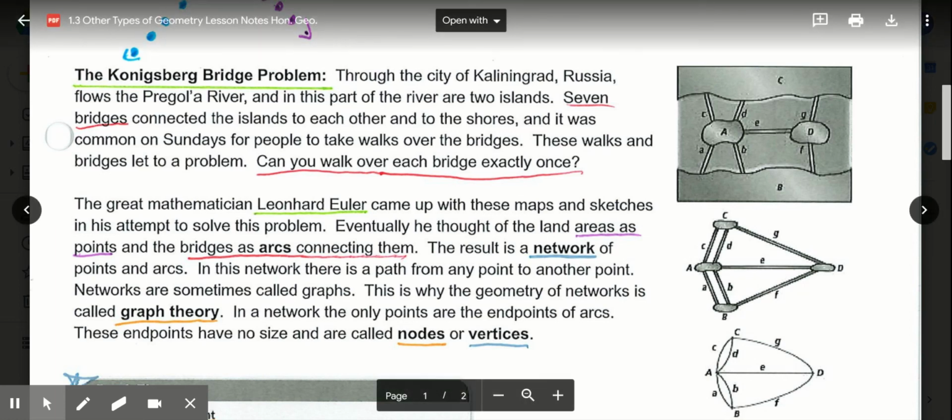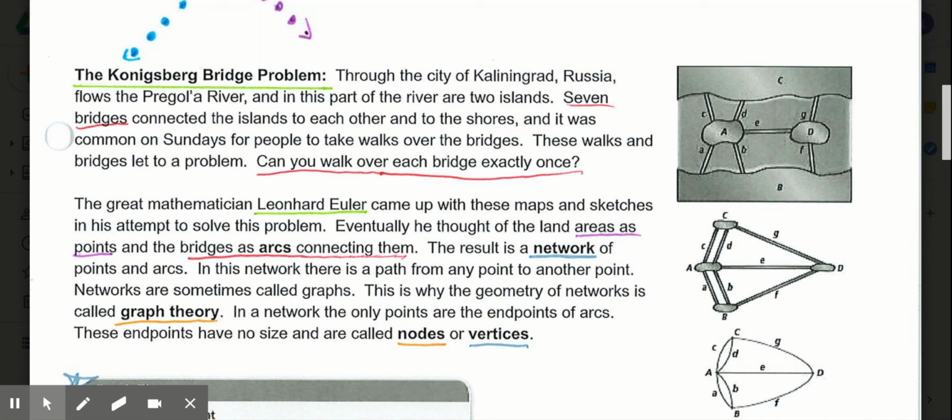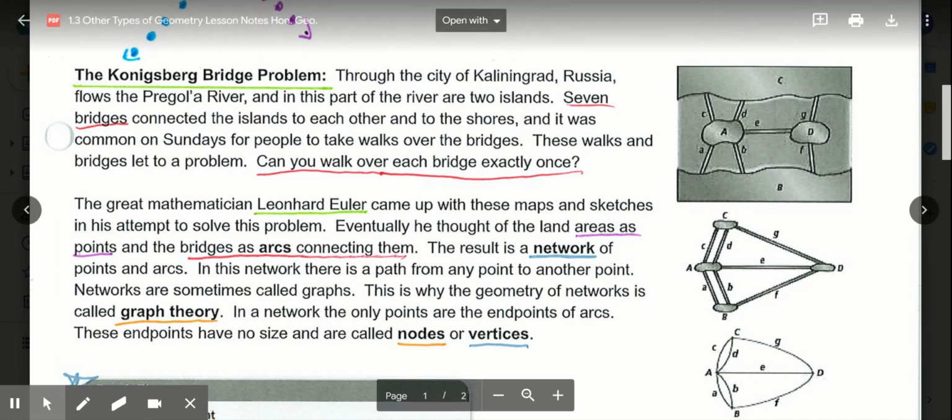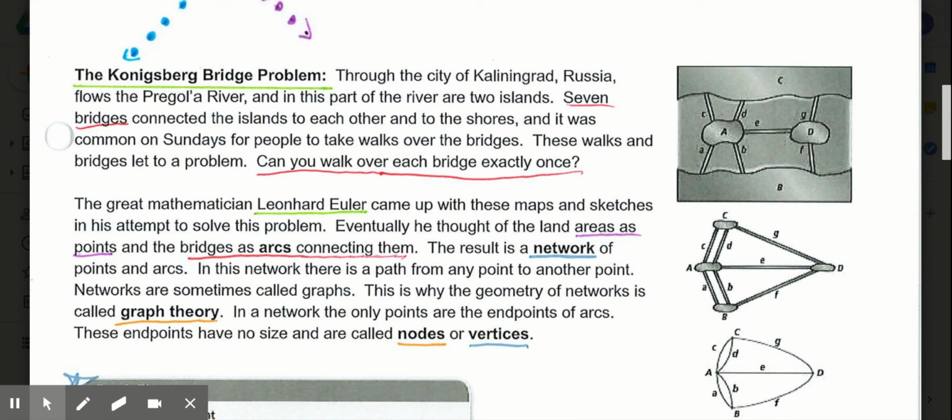So we kind of began with an overhead view like this. He then moved on to the idea similar to this diagram here in the middle, where he simplified the land masses to smaller points and shifted a few things just to make it an easier representation to visualize.